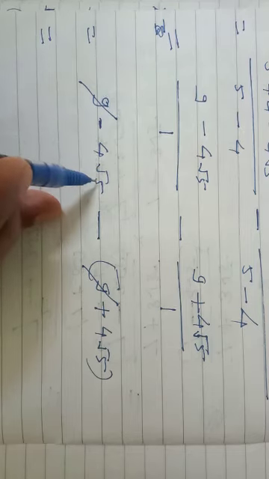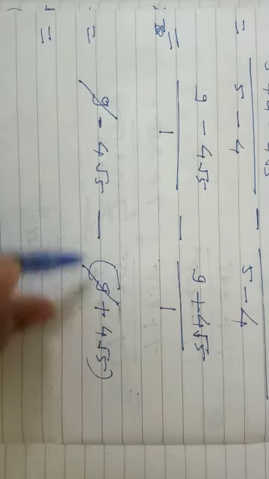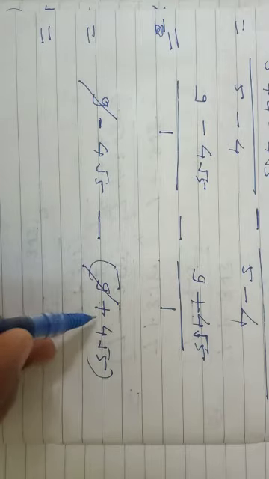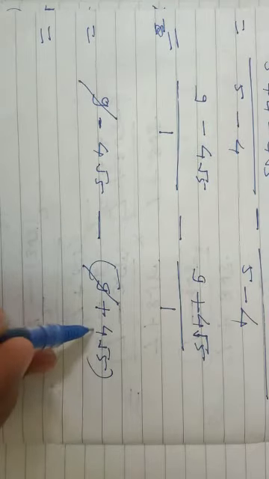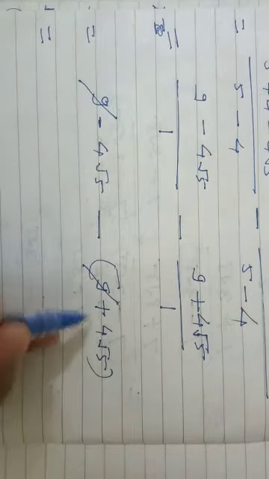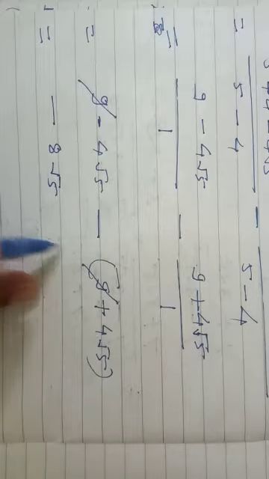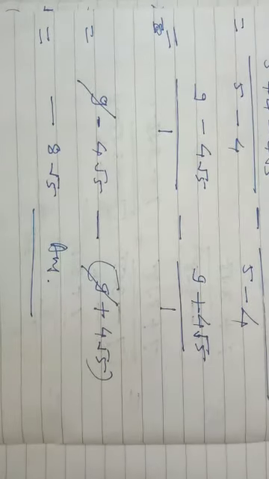Now minus 4 root 5 is the plus, but when you multiply by the minus sign, it will be minus 4 root 5. So minus 4 root 5 and minus 4 root 5, minus 8 root 5, that is your answer.